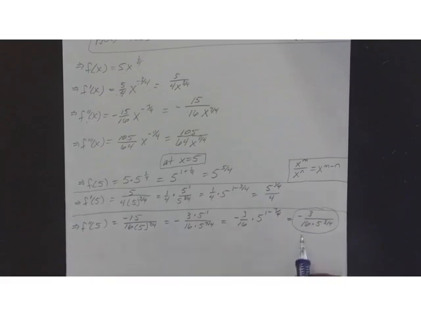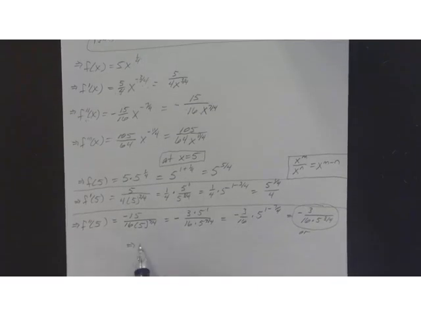Or if you wanted to, you could rewrite it depending on which form you want it in. Negative 3 divided by 16 times 5 to the 3/4 power.